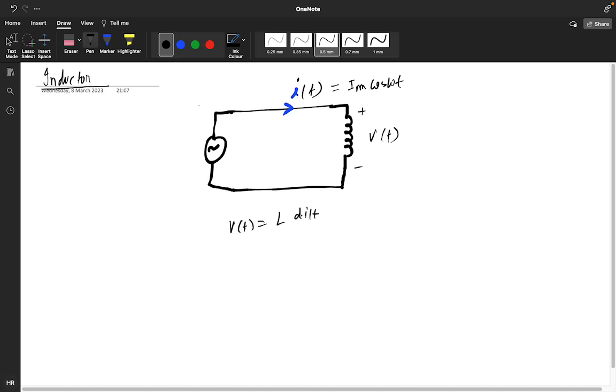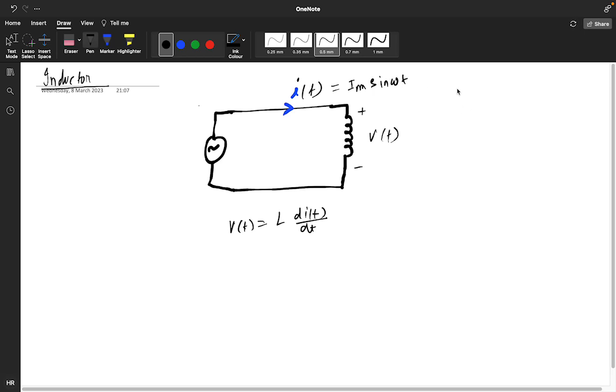So make it a sine so it will be clear. I am sine omega t.